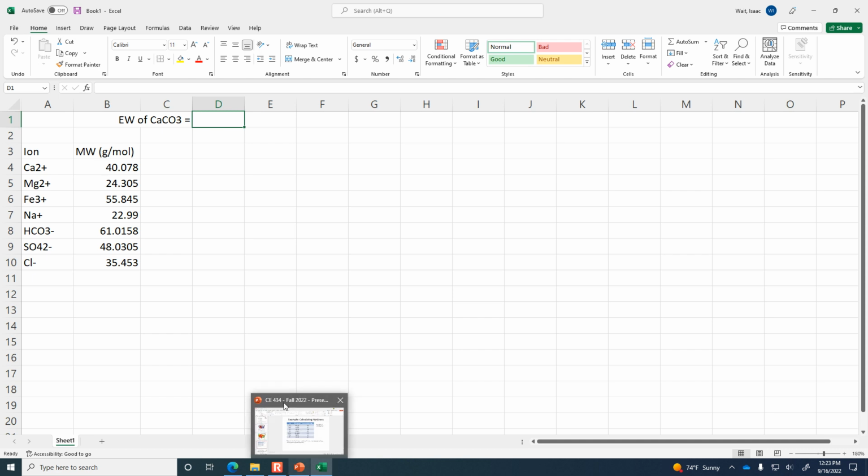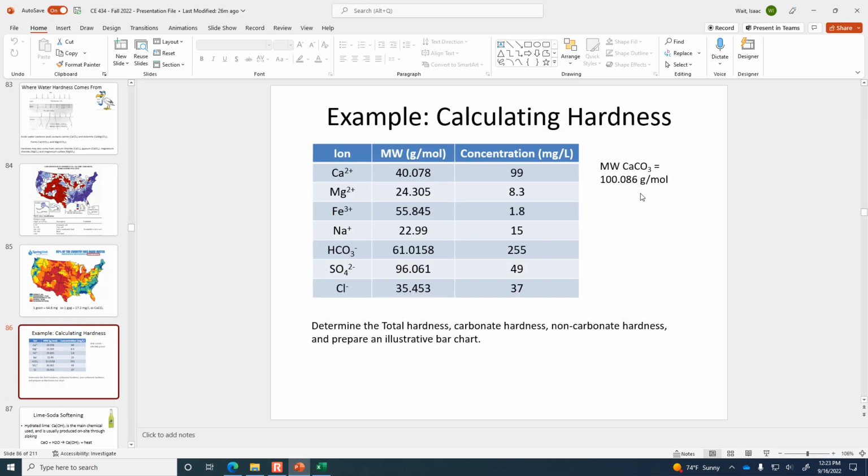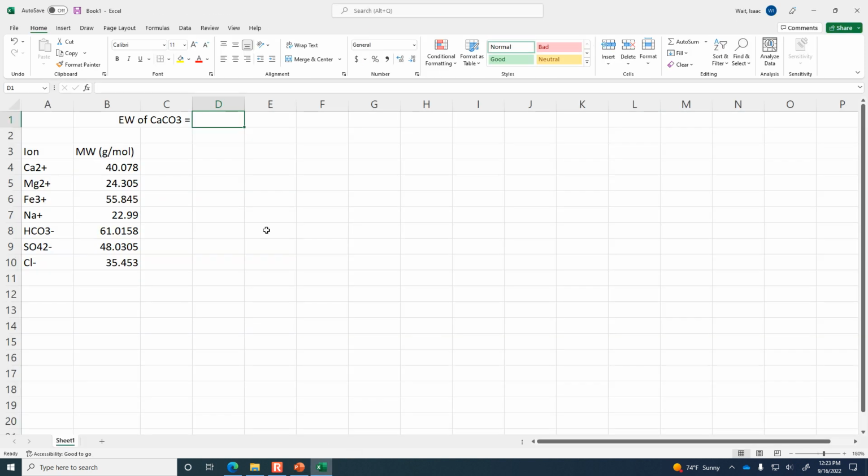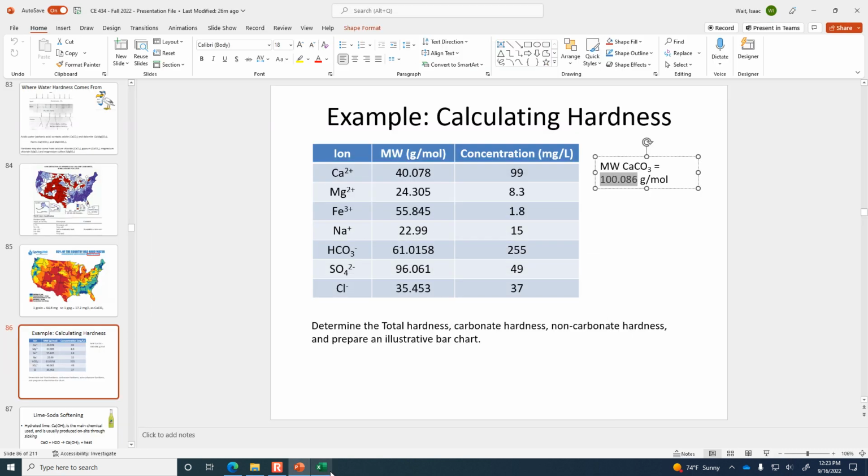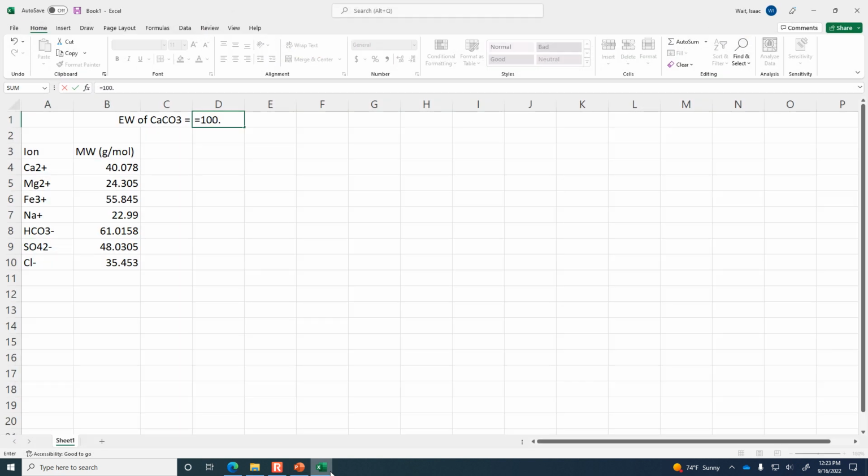So if the molecular weight of calcium carbonate is 100.086, if calcium carbonate is in solution and is dissolving into its constituent anions and cations, it's going to have a calcium +2 charge and a carbonate -2 charge. So for us to find the equivalent weight of calcium carbonate, it is 100.086 divided by 2.